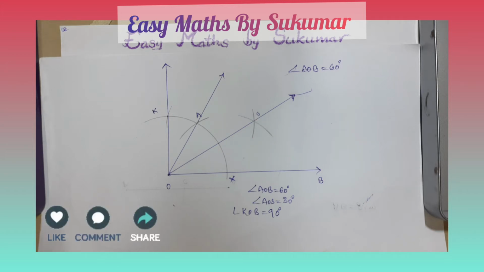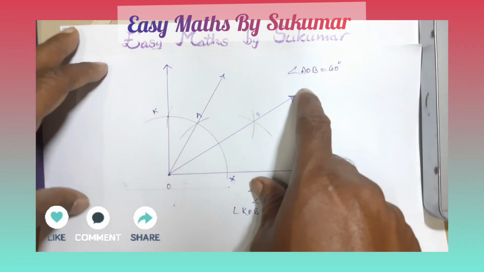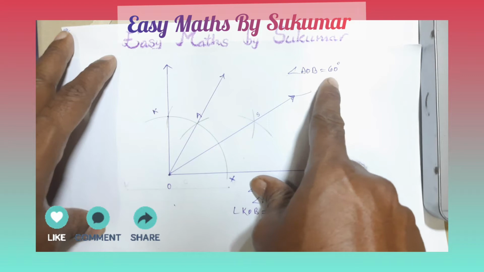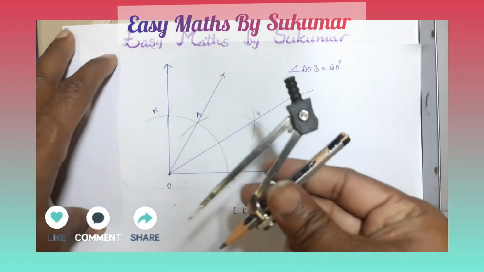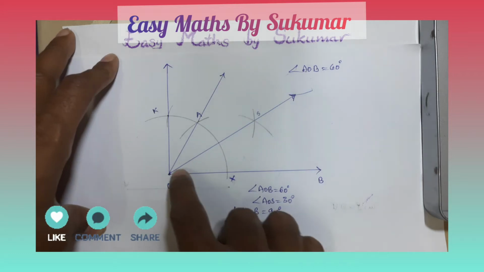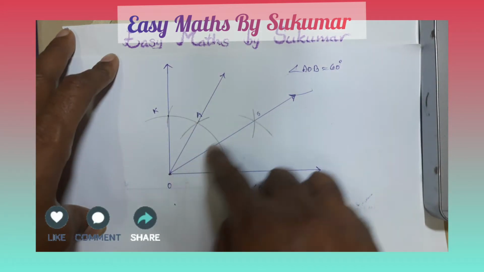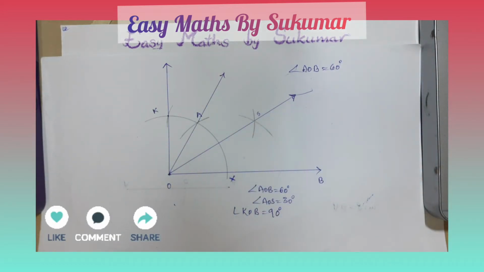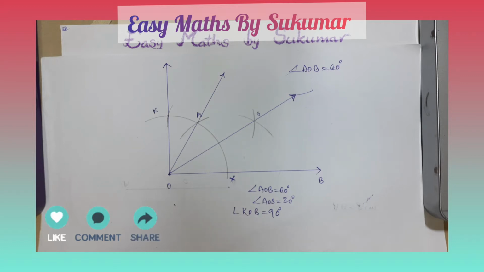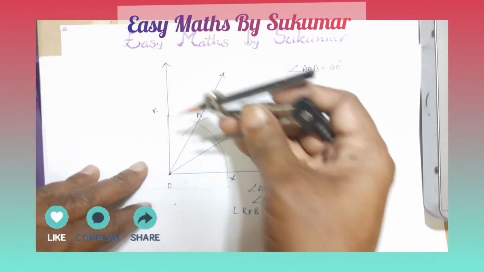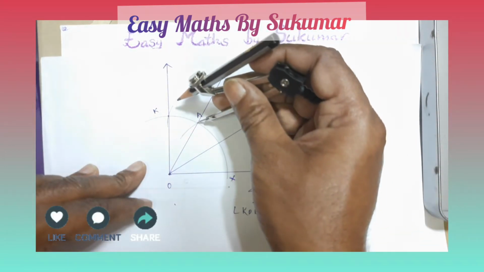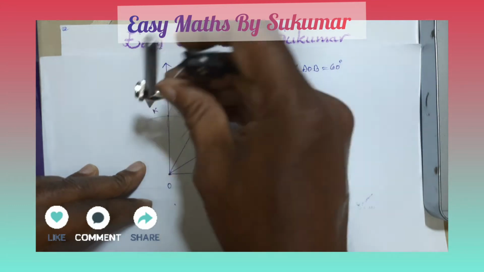Okay my dear students, now we have learnt how to draw angle AOB using this compass, and we also learned how to construct angle 30 degrees and 90 degrees. Similarly you can construct 120 degrees also. This is actually 90 and this angle is 30.